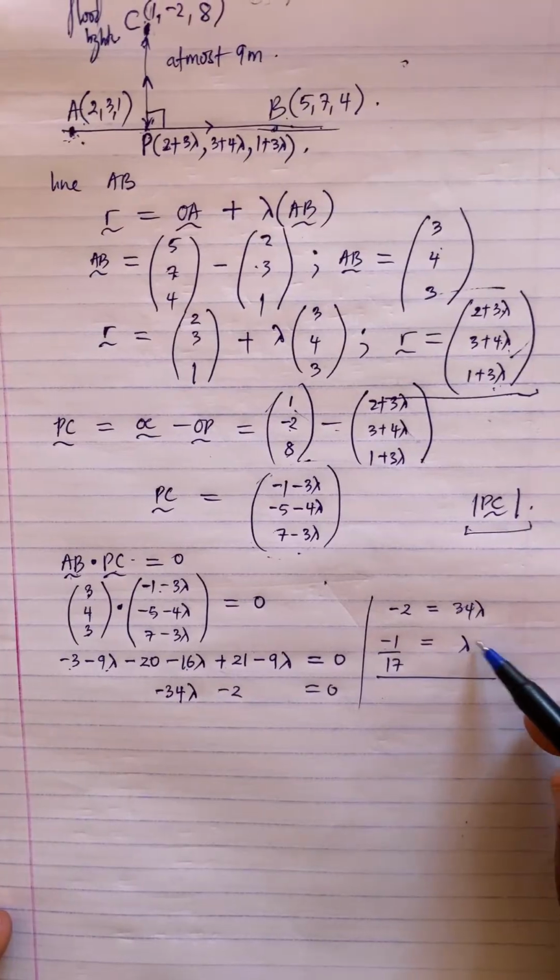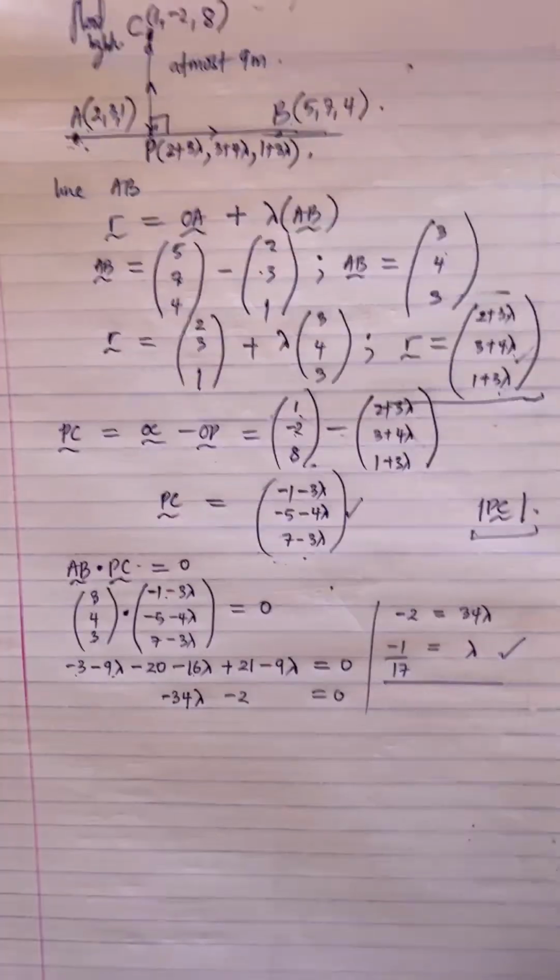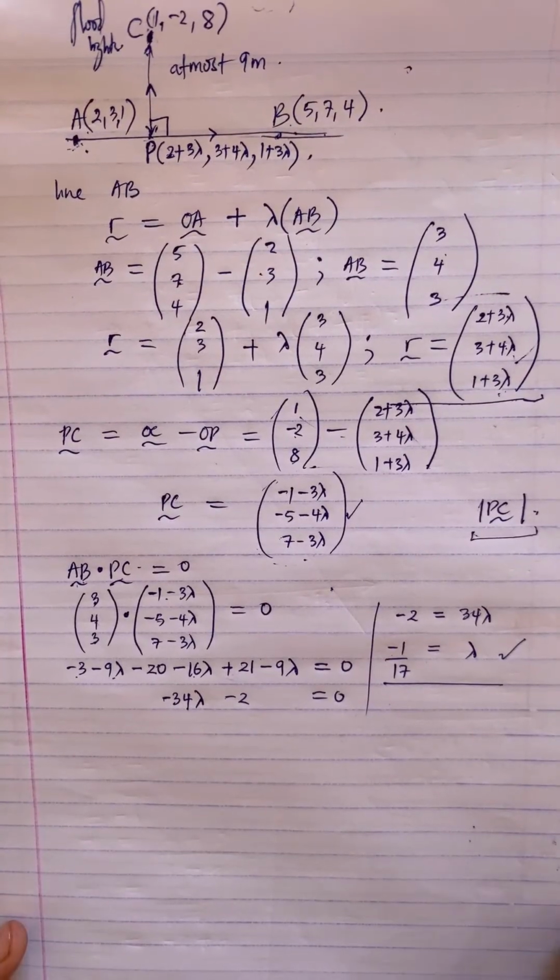So with this as my lambda, I can now substitute it in here and get the magnitude of PC.